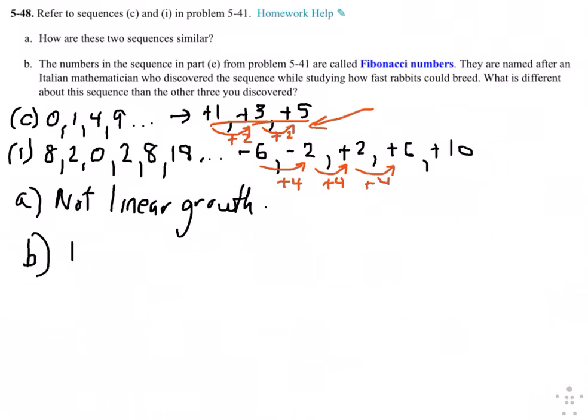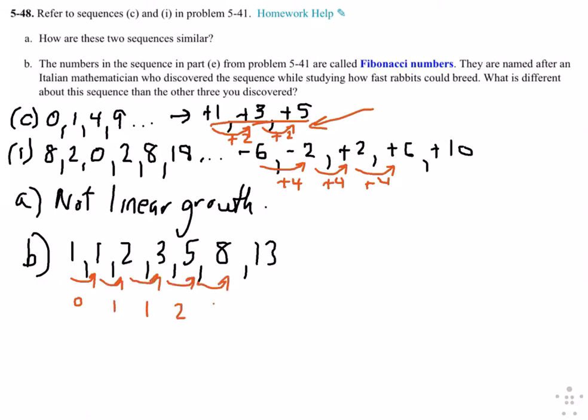So, right, so we have 1, 2, 3, 5, 8, right, 13. So the change right here is 0, 1, 2, 3, 5.